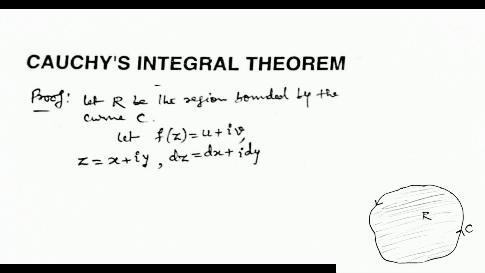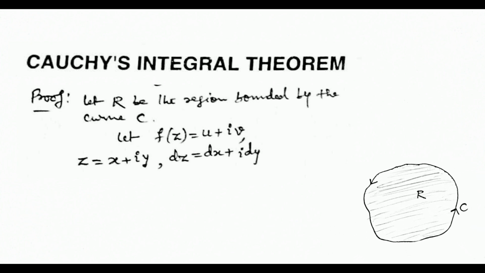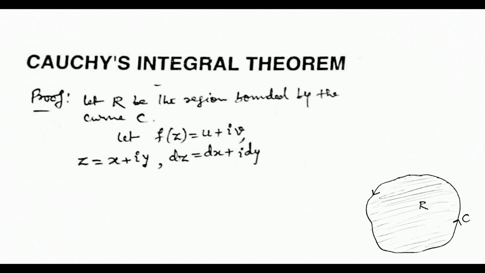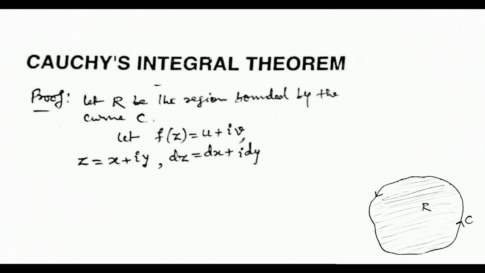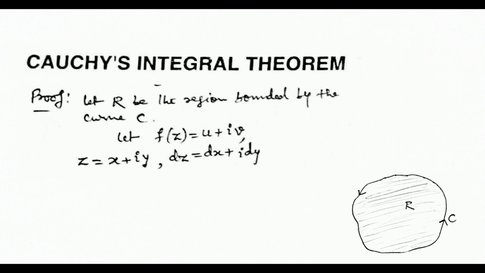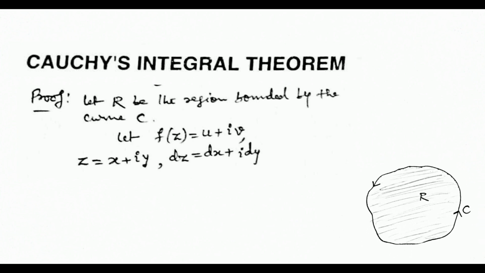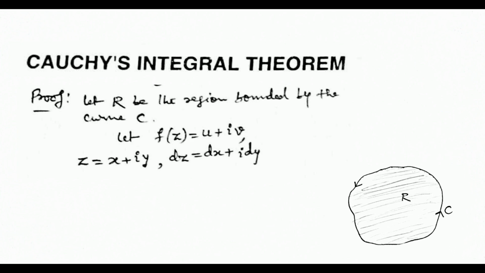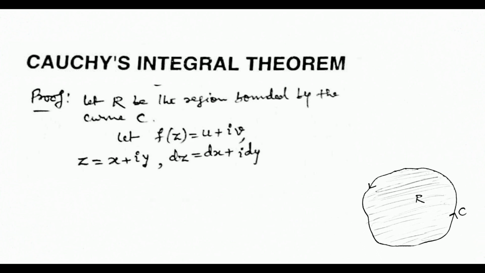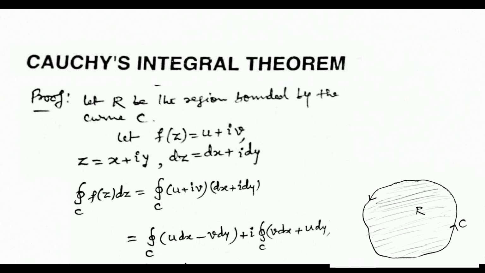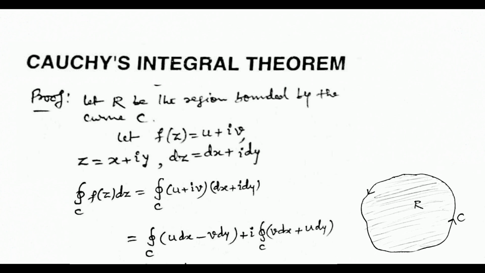Let us take our region R which is bounded by a simple closed curve C. So the integrand f(z) can be rewritten as u plus iv and dz as dx plus i dy, which can be bifurcated further into an evaluation of integration of two different real functions.